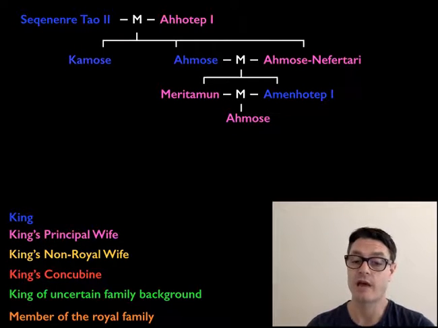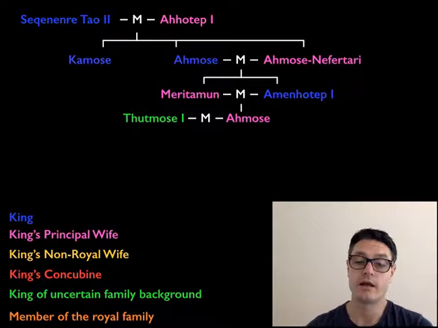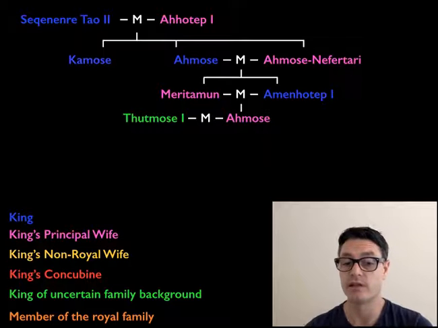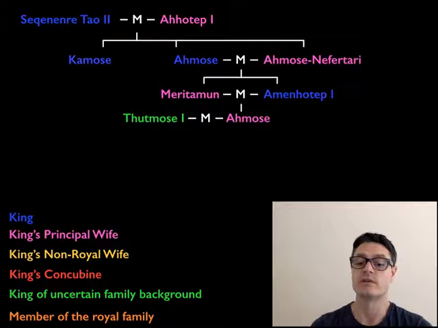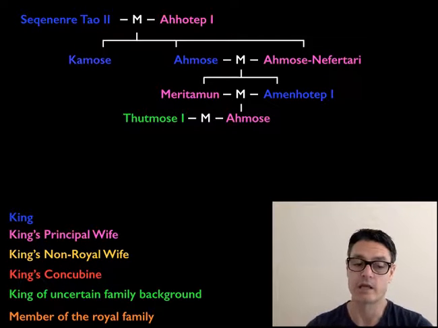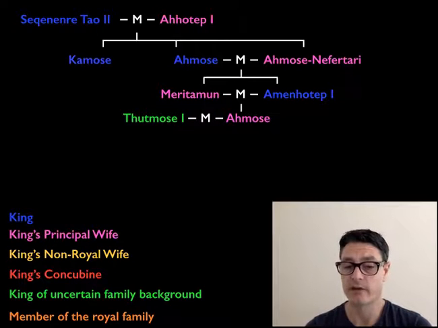Now she didn't have a brother to marry, which is really quite interesting. So she married Thutmose I, and this is where we see the start of a new lineage of kings called the Thutmosids or the Tutmosids, depending on how you pronounce it. So Thutmose I, we're uncertain of his family background, so even though he's not blue, he is most definitely a king.